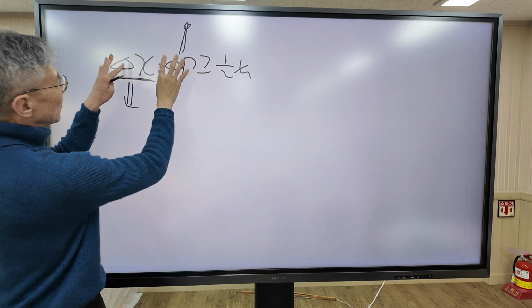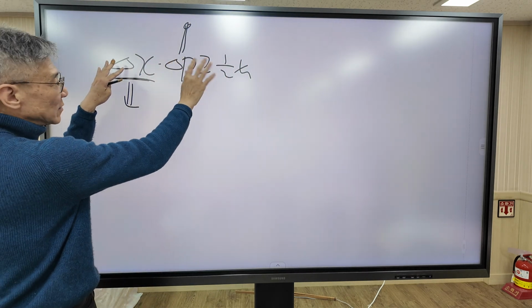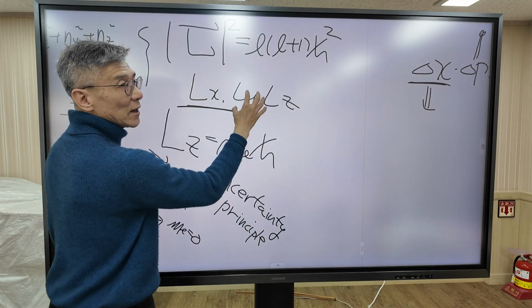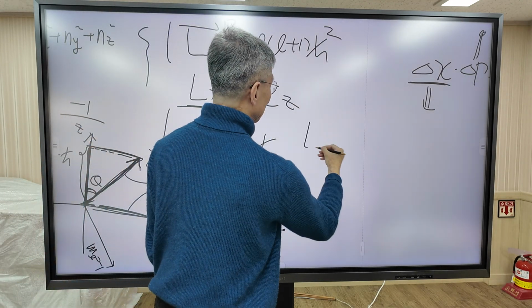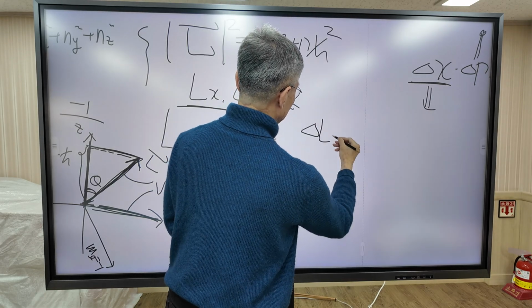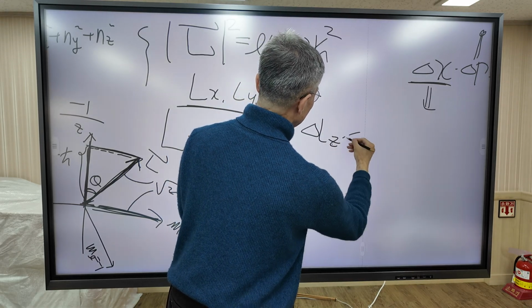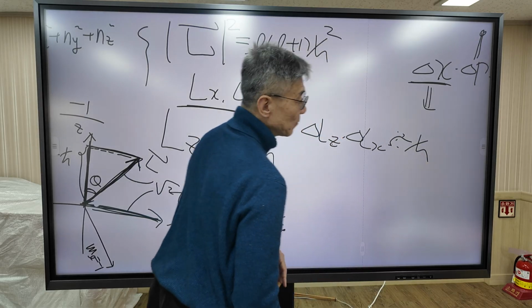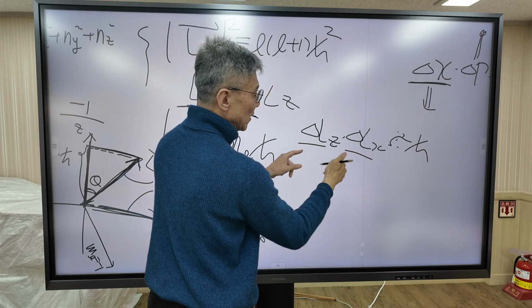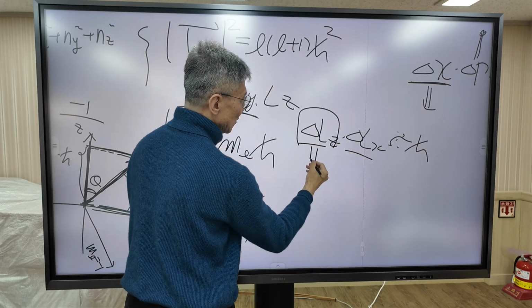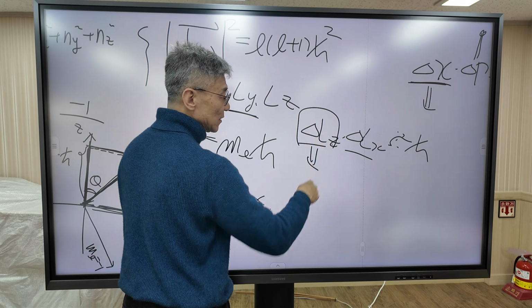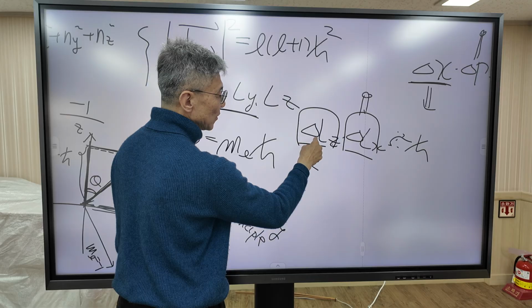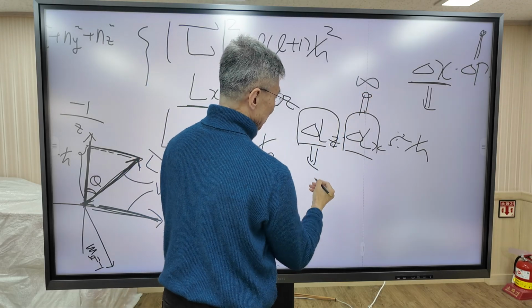These two variables are conjugate to each other in terms of the uncertainty principle. Similarly, Lz and the angle variables related to Lx and Ly are also conjugate variables. When the uncertainty in Lz decreases, the uncertainty in the conjugate variable increases. When you precisely know Lz, it goes to infinity.